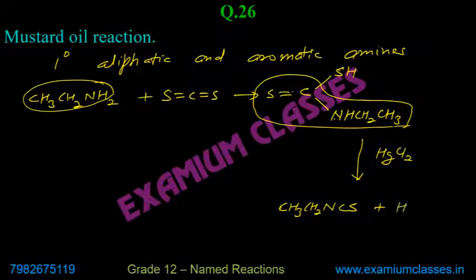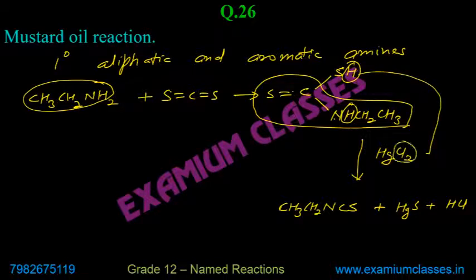Whether you write it or not, mercuric sulfide and HCl. These two hydrogens, this hydrogen and this hydrogen, will combine with chlorine. So it will be 2HCl.